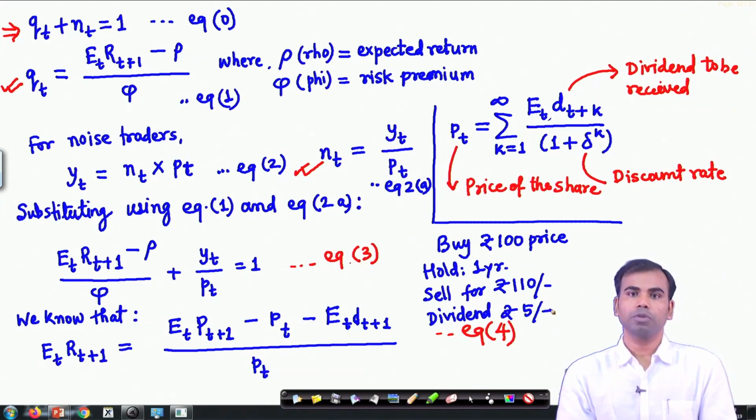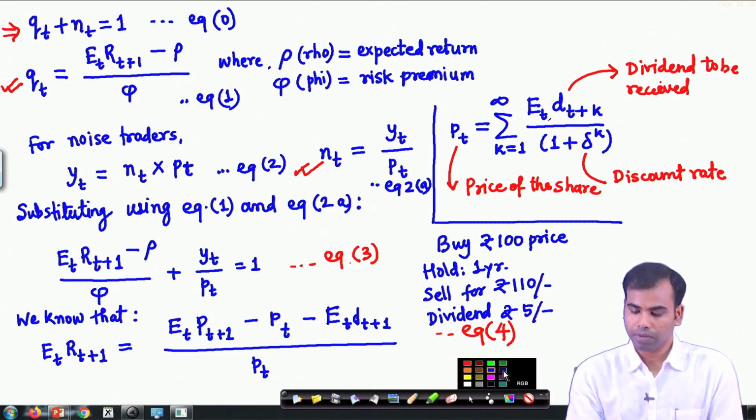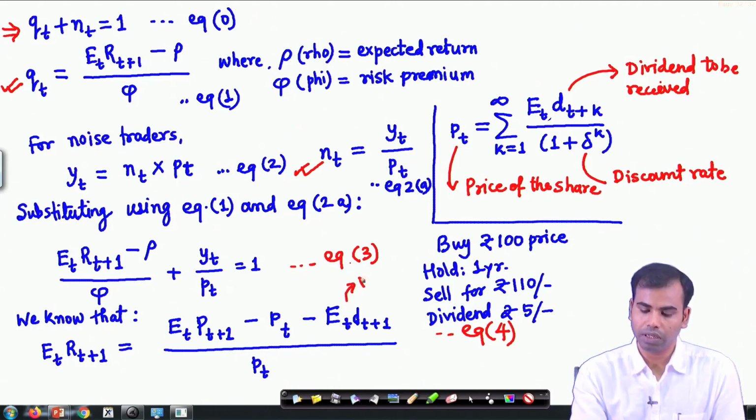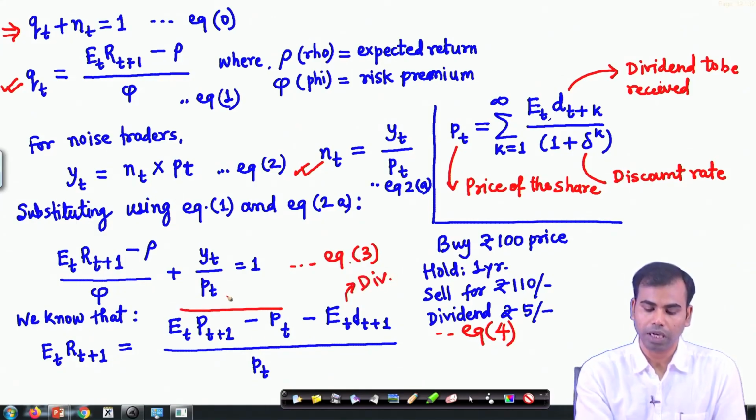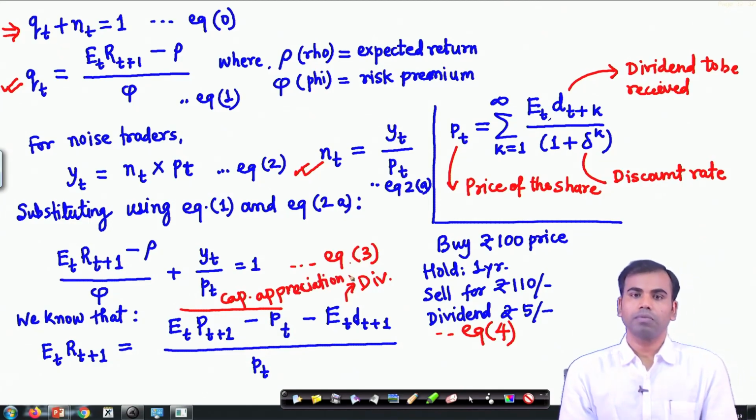So, your total income from this investment would be 110 minus 100, which is sell price minus buy price, that is rupees 10, and dividend income of 5 rupees. So, this particular equation 4 explains the same phenomenon, where you get dividend income denoted as D, this is your dividend income, and this is your capital appreciation, in this example 110 from 100.